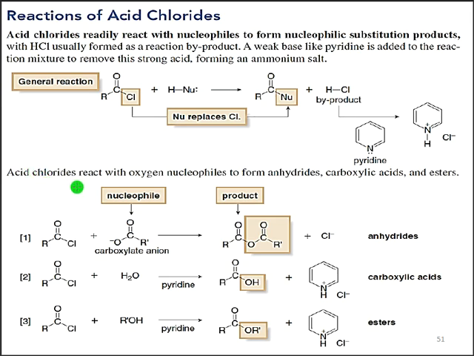Then the acid chloride reacts with oxygen nucleophiles to form anhydride, carboxylic acid and ester. Look, you have this acid chloride that can react with this carboxylate anion. That means the nucleophilic atom here is the oxygen with the negative charge, to form the anhydride, and it reacts with H2O, also through the oxygen atom, to produce the carboxylic acid, and reacts with alcohol to produce the ester compound.